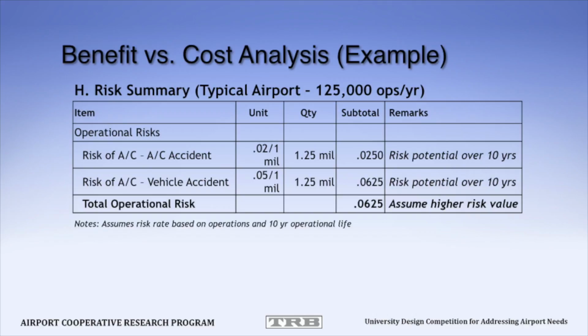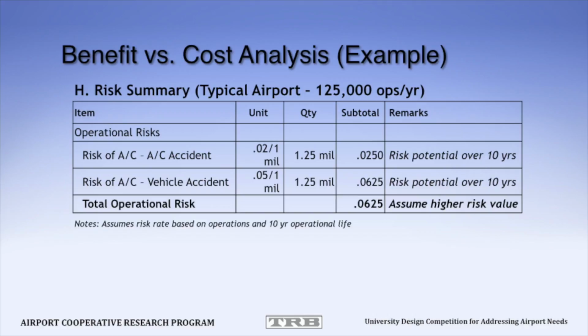The same way with the risk of an aircraft to vehicle accident, which may be a more likely scenario. So the risk assessment for that may be a little bit higher. So again, applying that same number of operations over a 10-year period times the risk factor could approximate 0.625 accidents for your airport example over a 10-year period.